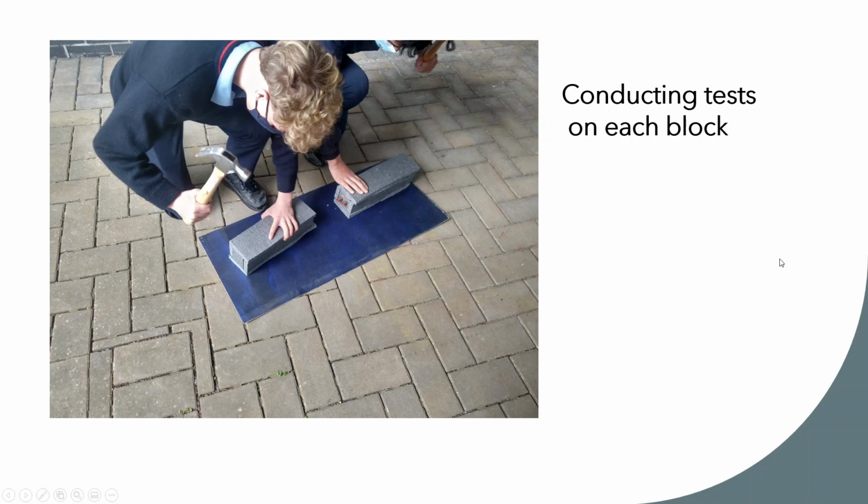So after they've conducted the test, then we can have a class discussion, and we can get them to present their findings and see if we have met the success criteria for the learning intentions we've set out at the start of the class. So that's just a run through of the physical model and the experimentation resource I've made for my topic. Thanks very much.